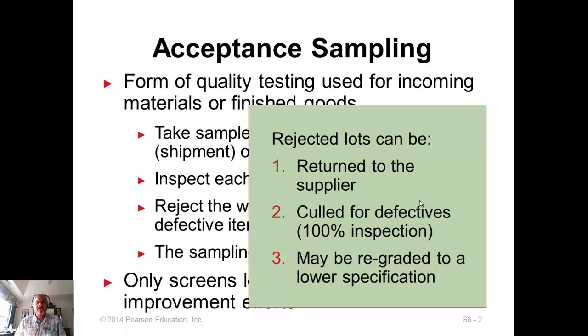When you reject, you can return the entire lot back to the supplier, or, if it is feasible, you can do 100% inspection and cull all the defectives and keep only the good ones. Or maybe you can regrade the lot into a lower specification lot, if that is feasible again.